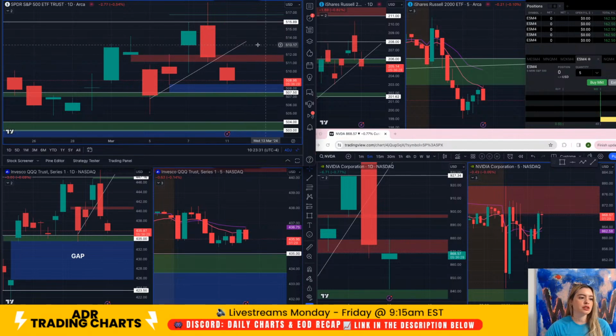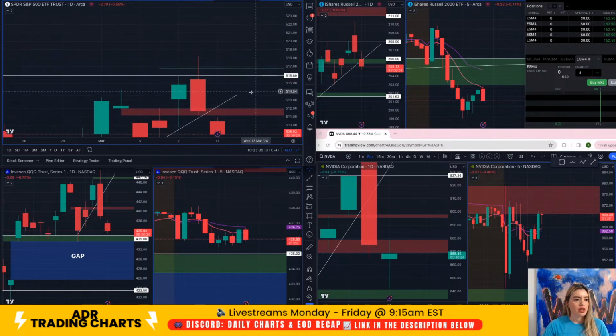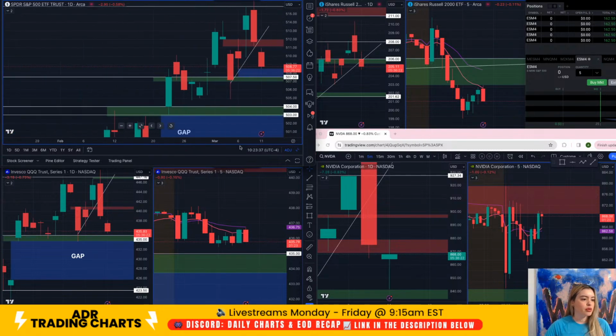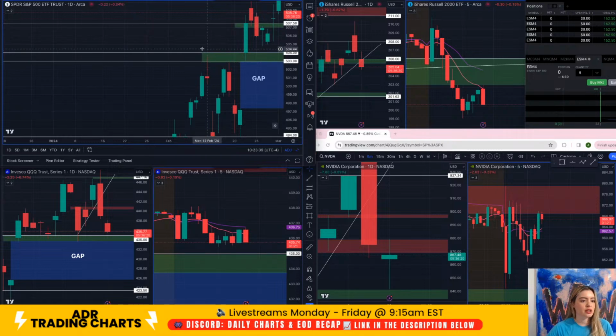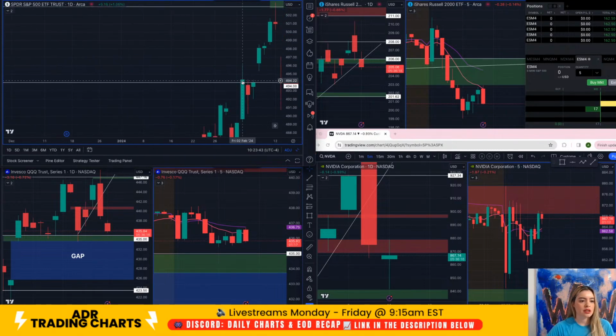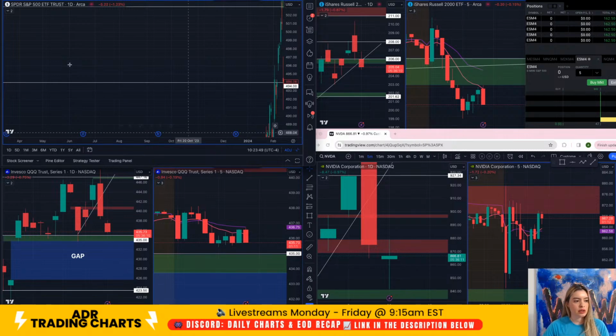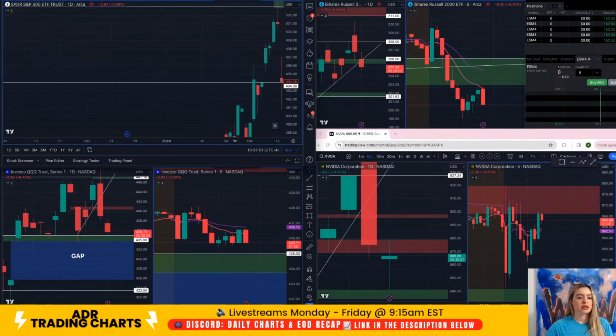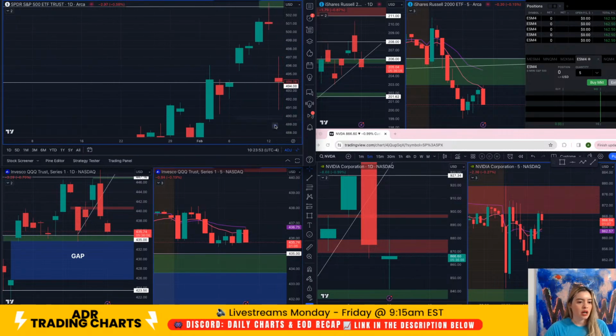If you don't have them, let's just say you're trading this day and you don't have anything higher, so you gotta go back and see what's the next support and resistance. So it all depends how the chart is.